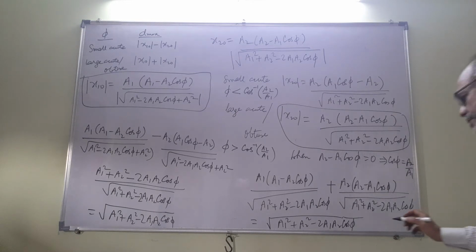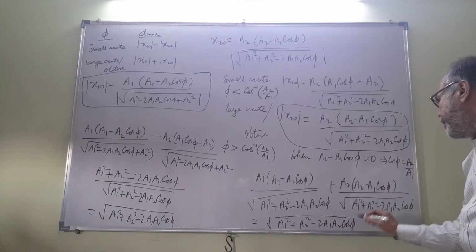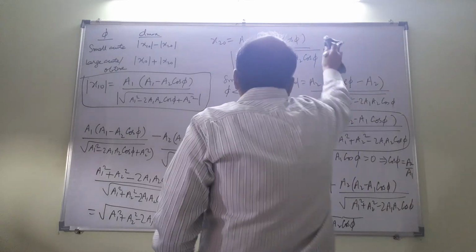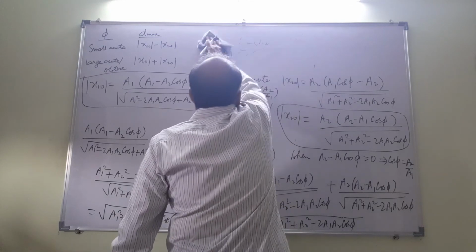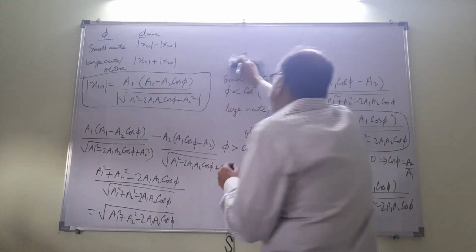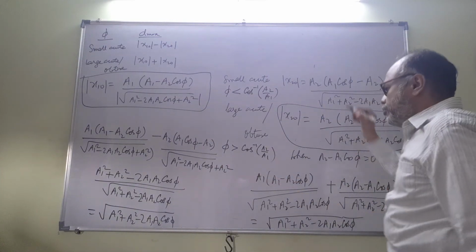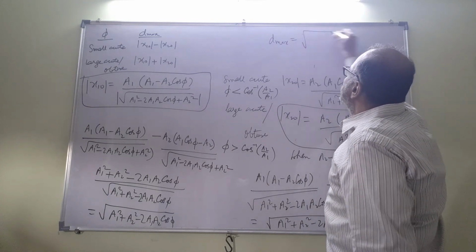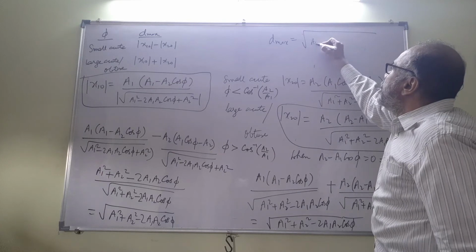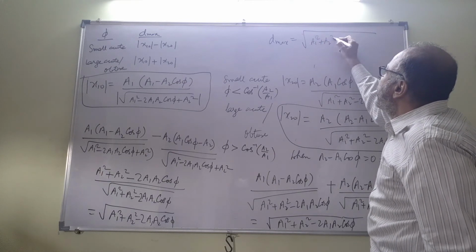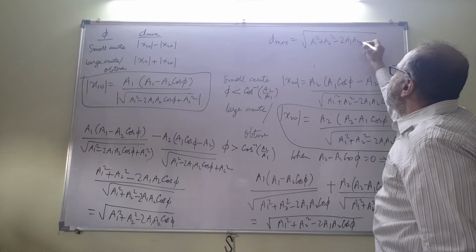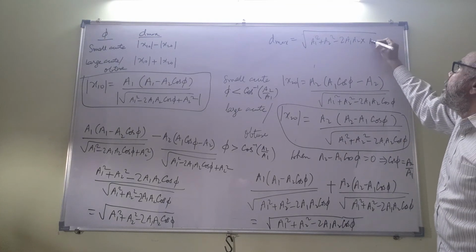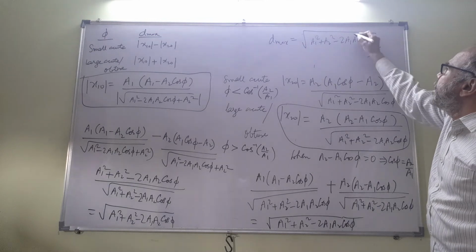The special case, when cos phi is a2 by a1, d max would be equal to square root of a1 squared plus a2 squared minus 2a1 a2. Instead of cos phi, I am going to put a2 by a1. So a1 cancels.